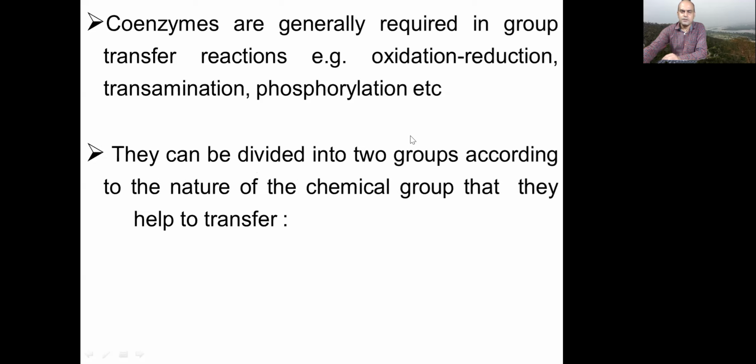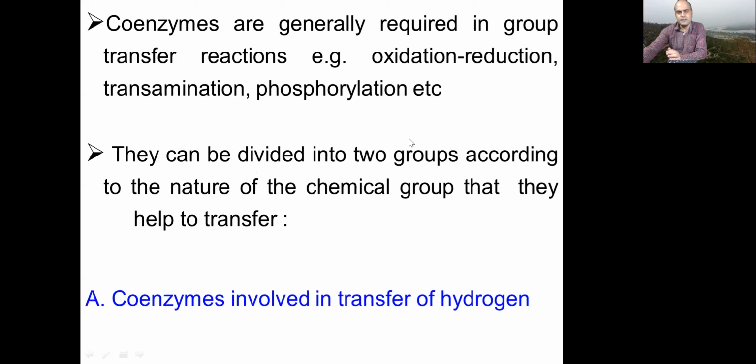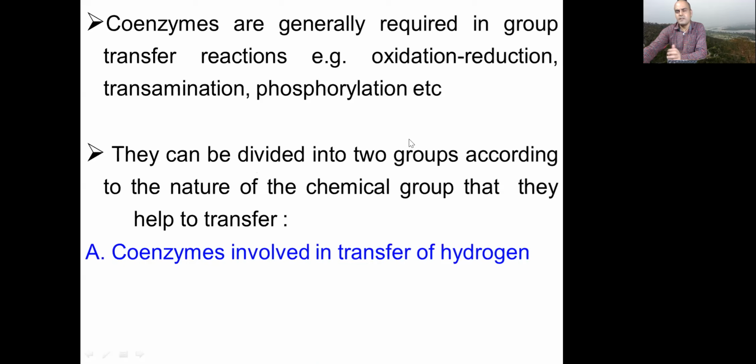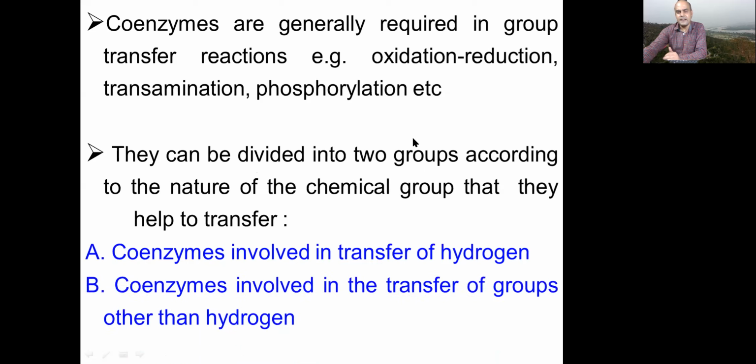They can be divided into two groups on the nature of the chemical groups they transfer. First, the coenzymes involved in the transfer of hydrogen, and second, the coenzymes involved in the transfer of groups other than hydrogen.